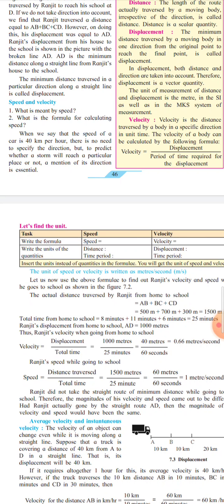So speed's magnitude is 1 meter per second and velocity's magnitude is 0.66 meter per second. If he had followed the straight path, there would be the same velocity and speed.